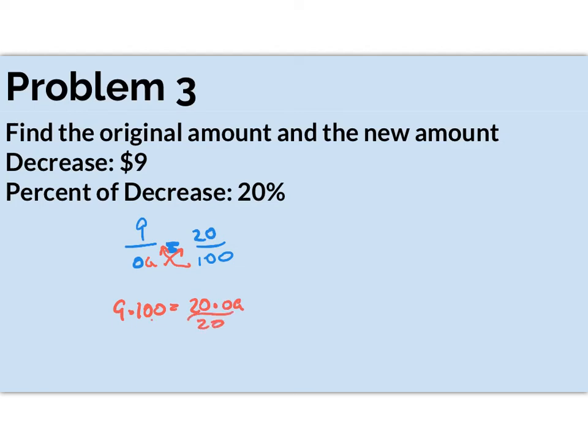Divide by 20 on both sides. Actually, 20 out of 100 is 5. So 9 times 5 is 45, our original amount. Now we lost $9, so we subtract $9 from that, and $36 is our new amount.